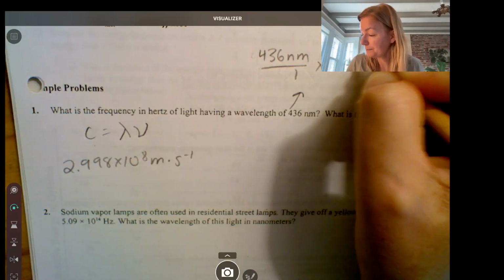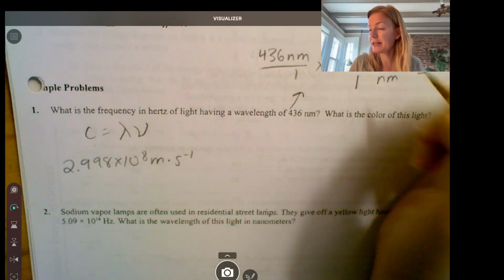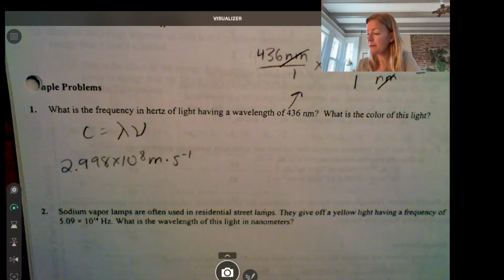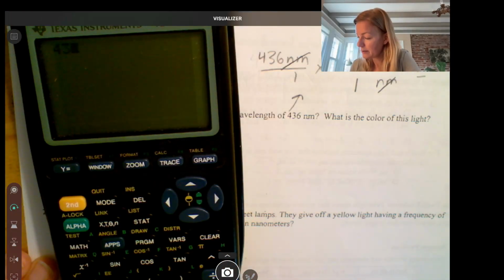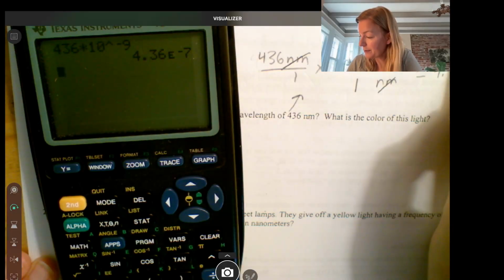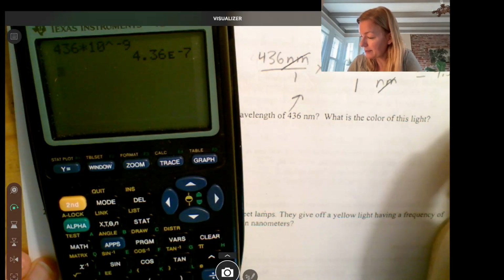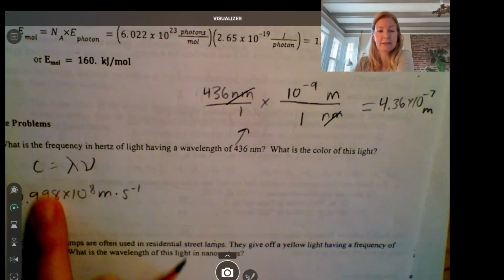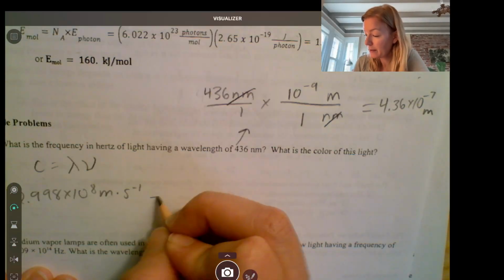So 10 to the -9th meters is 1 nanometer. Cancel nanometers, type in 436 times 10 to the -9th. You get 4.36 times 10 to the -7th meters. So we're going to use that. Always plug it in meters because c is in meters per second.